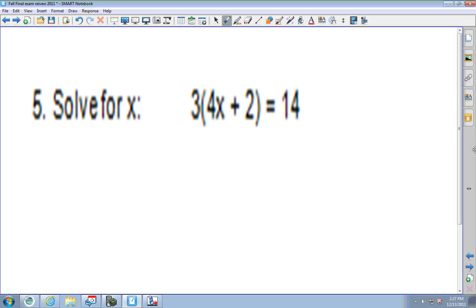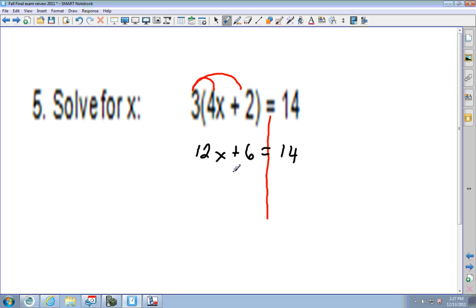Next one. I'm going to draw a line at the equal sign. Right now, you look on the left-hand side, and I have a parentheses. Right here we're going to do the distributive property. So take 3 times 4x and 3 times 2. So I got 3 times 4x, which is 12x. 3 times 2 is 6, plus 6 equals 14.